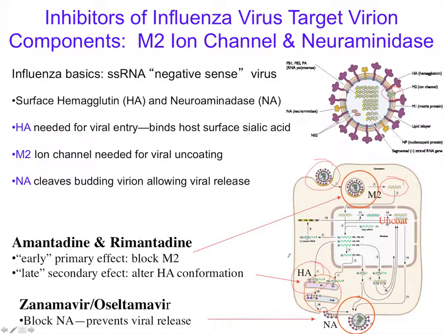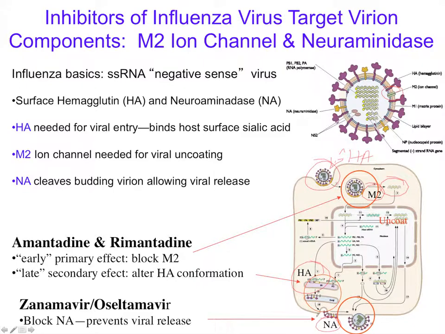The few pieces that we really want you to know are the fact that viral entry is mediated by the hemagglutinin protein here, that the acidification process and viral uncoating is mediated by the M2 ion channel, and the fact that viral release is really mediated by the neuraminidase proteins here.